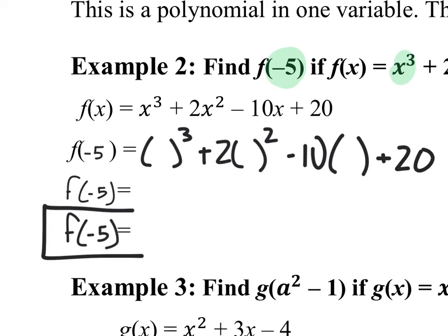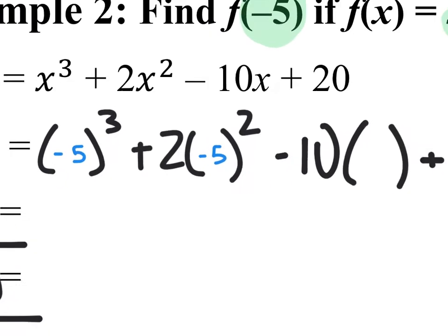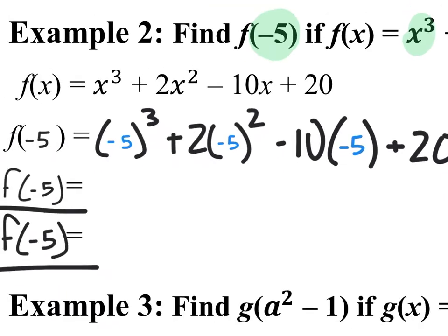So notice how I left myself parentheses everywhere there is an x. And I'm going to replace it with a -5. And then we simply evaluate.